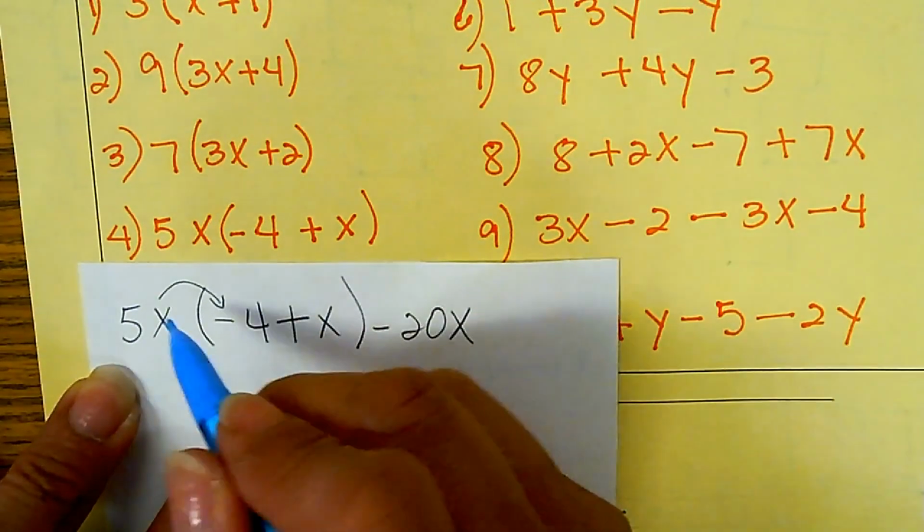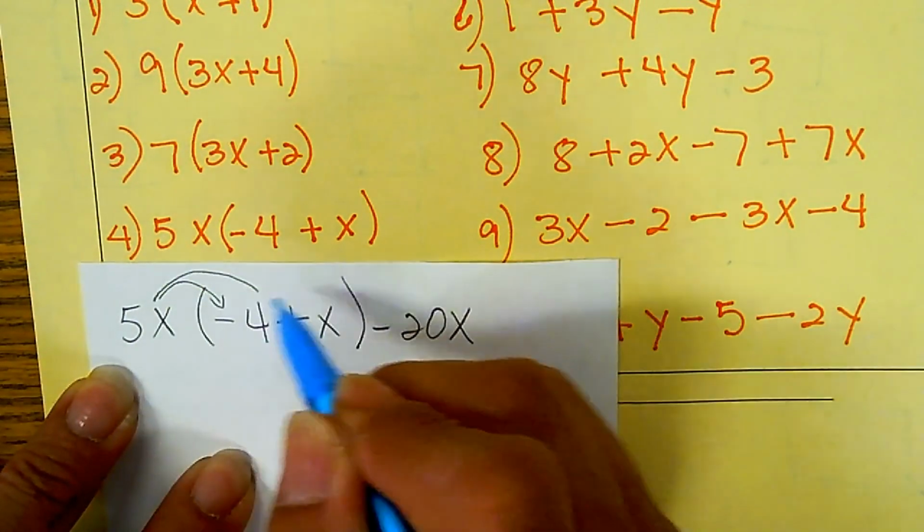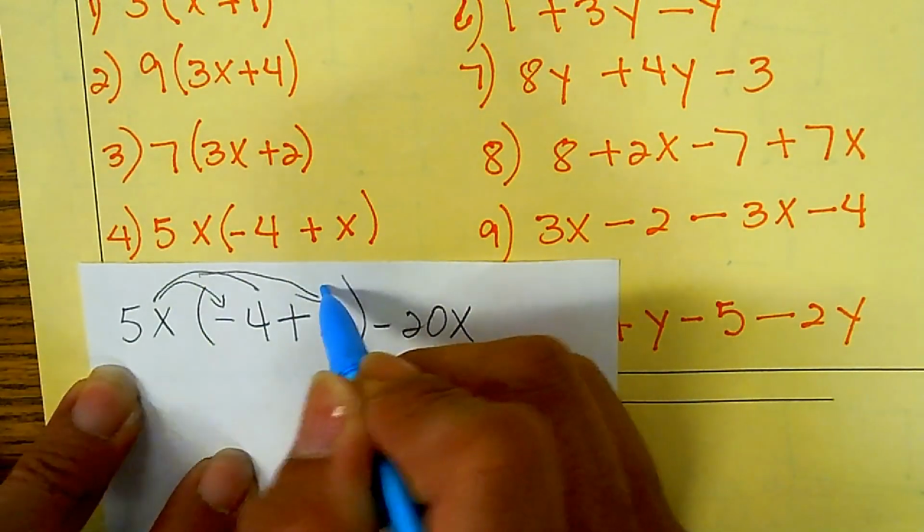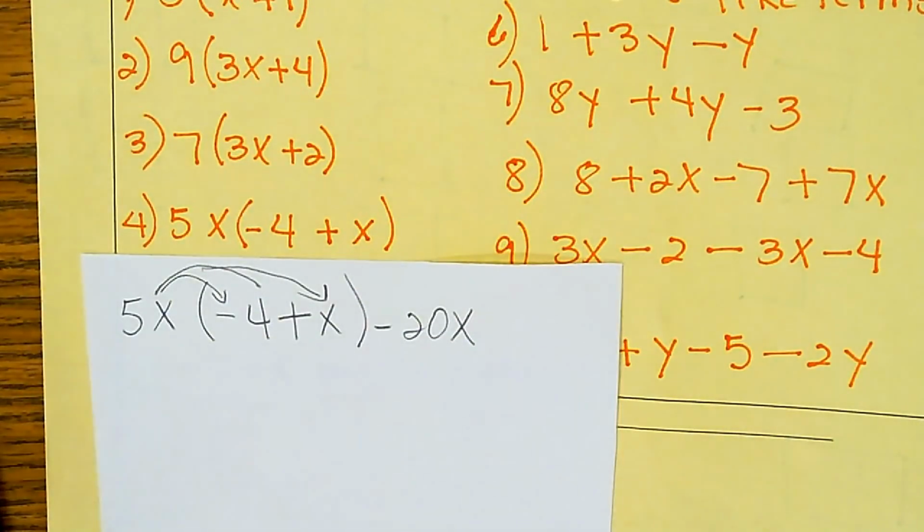So when we multiply 5x times x alone, what do we get, Johnny? 5x squared. All right, thank you.